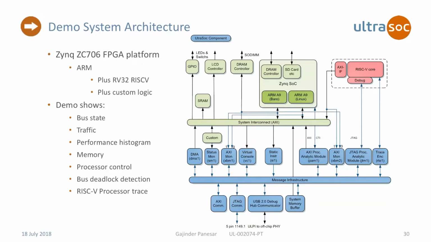We'll have a heterogeneous environment, because that's what proper products will have for the foreseeable future. In this demo, we'll have a dual-core ARM system with a RISC-V core with debug logic and a trace encoder, and a bunch of IP blocks that we provide. As I mentioned earlier, we have three classes of IP that help provide visibility and show processor trace and deadlock in one environment.